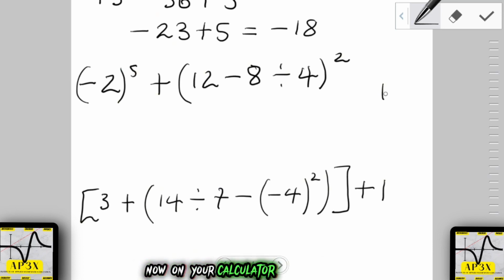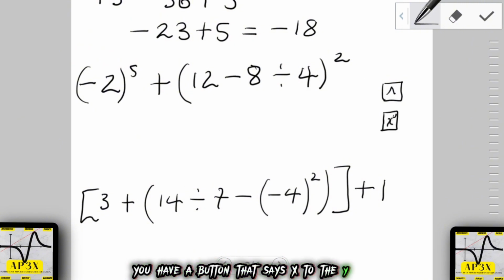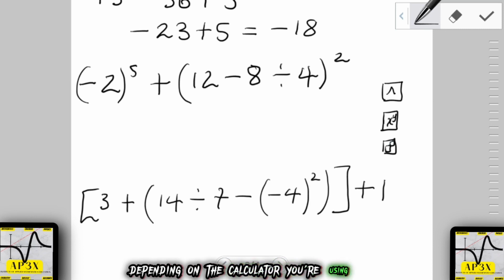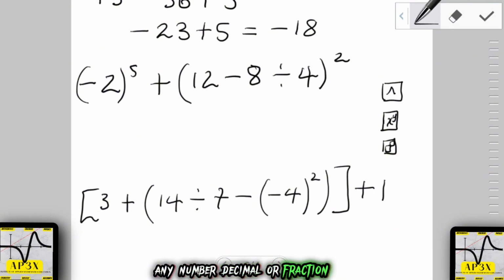Now on your calculator, if you're not aware, you have a button that looks like this, or for some calculators a button that says x to the y, or a button with 2 empty boxes. Depending on the calculator you're using, one of these buttons will help you raise any number, decimal or fraction, to any given degree of power.